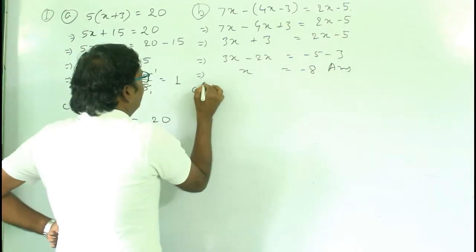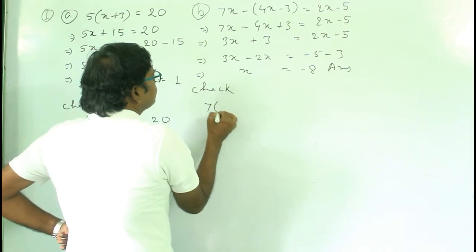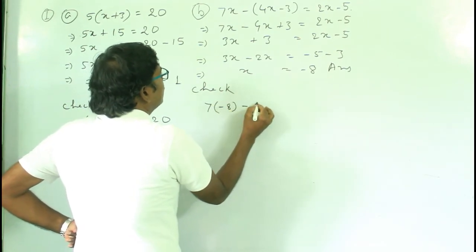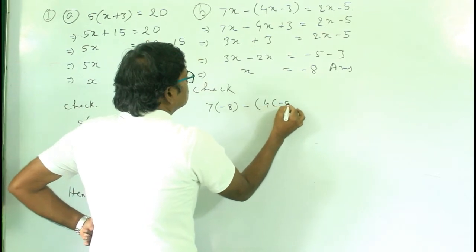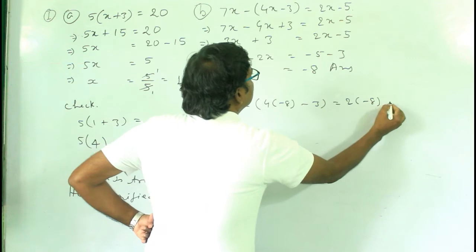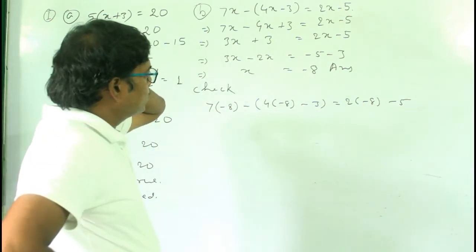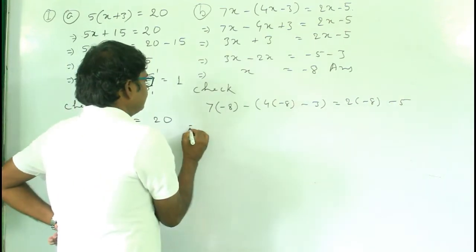Now check. Here you will put 7 into minus 8 minus bracket 4 into minus 8 minus 3 equal to 2 into minus 8 minus 5. That is, in place of x, put x equal to minus 8 and then simplify.